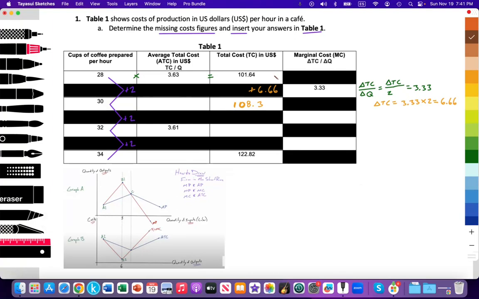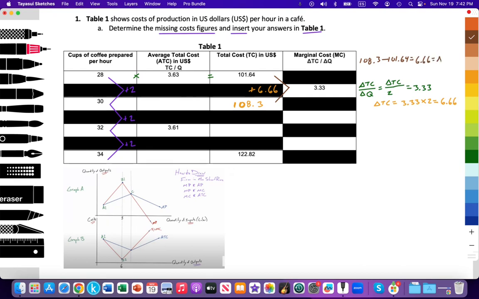So the change from here to here is 3.33 because that is 108.3 minus 101.64. Again, just to double check my work, 108.3 minus 101.64 equals 6.66.